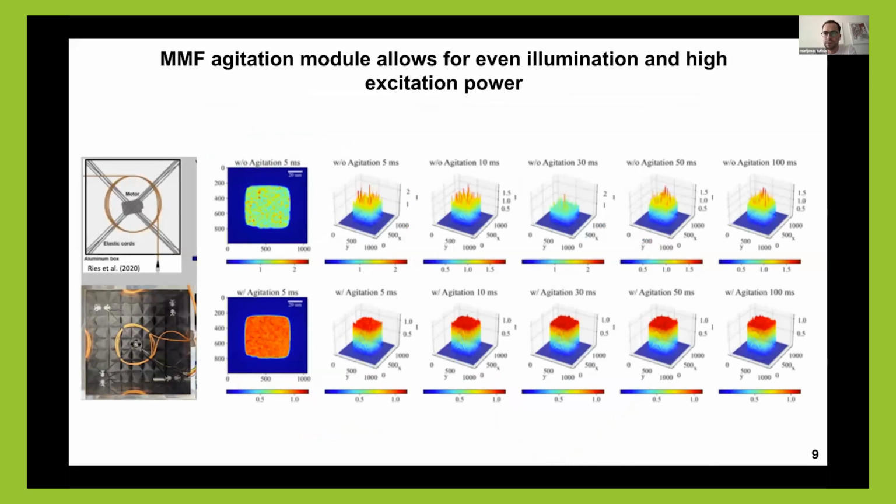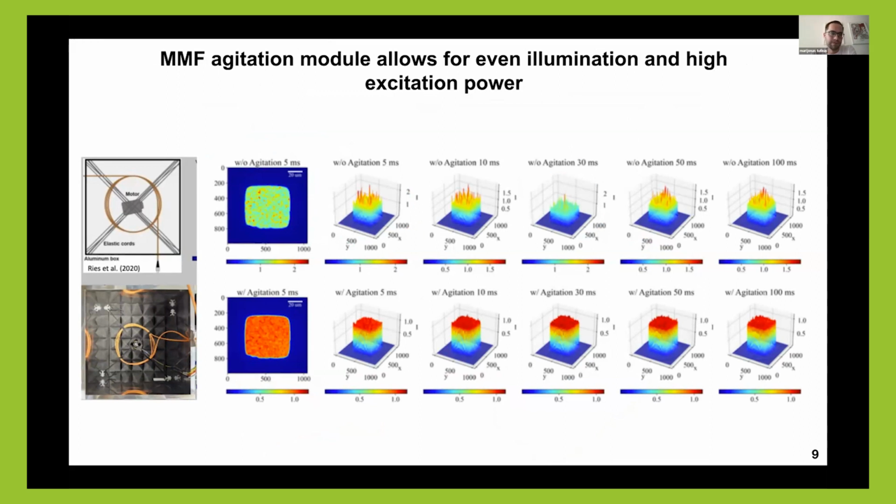Obviously, when we work with multimode fiber, that's good because we can couple the laser power very well from the source, up to 90%. But the drawback is that we get speckles all the time because of the mode mixing. So to decouple that, we are using an agitation module.